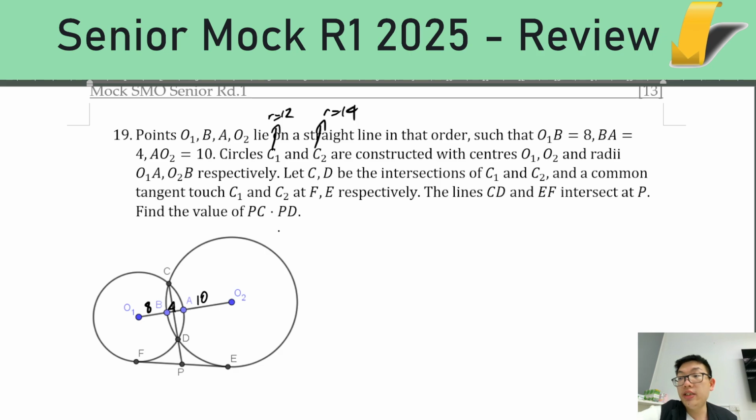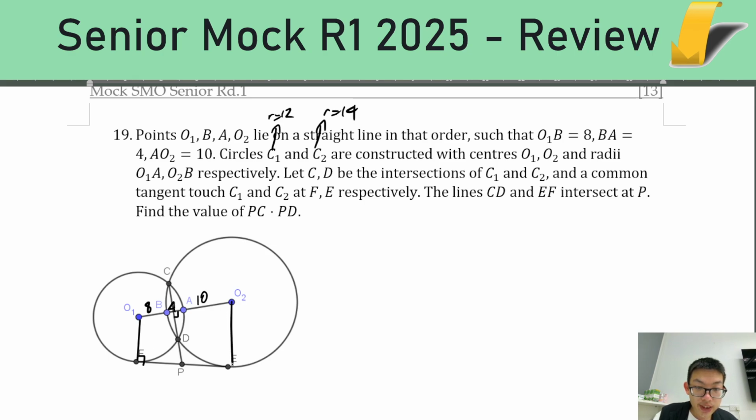This question is using a simple idea, which is that the CD, this line here, is known as the radical axis. And just by symmetry, you know that it is going to be perpendicular to here. It's called the radical axis because the line is perpendicular to the thing that contains the radii of the 2 circles, right?